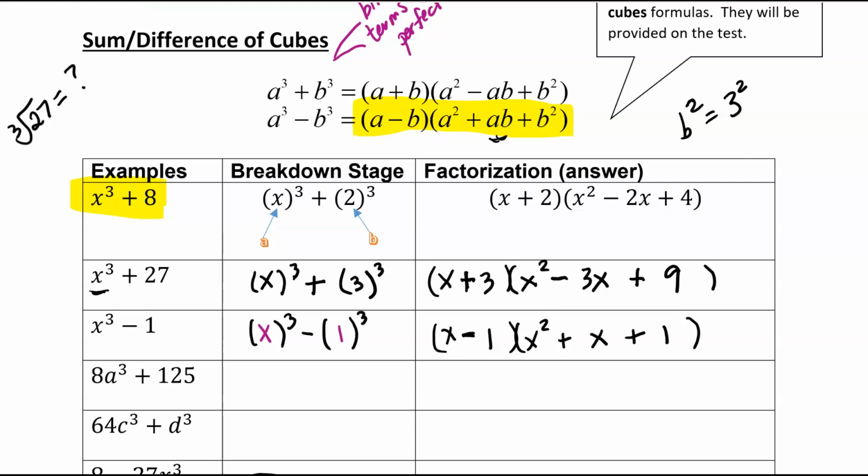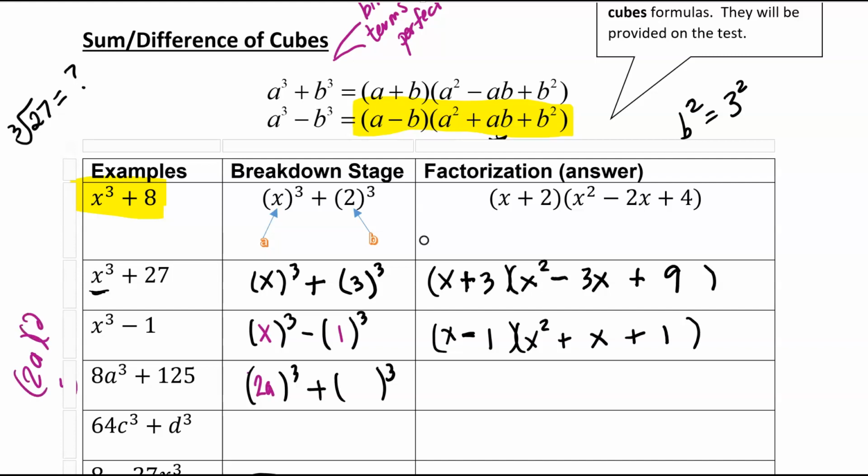8a cubed plus 125. So here we have something cubed plus something cubed. What cube would give us 8a cubed? It would be 2a, because 2a times 2a times 2a, or 2a cubed, equals 8a cubed.